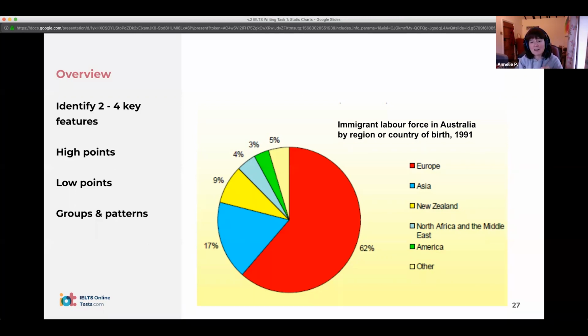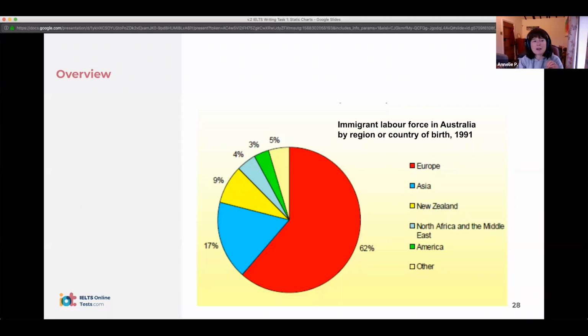Exactly right, Chetan. So again, before you start writing, a couple of minutes or 1 minute, very quick, just take a quick look and think about how can I divide this up? What is the most important information here? And how am I going to put that across clearly? Okay, so we'll have a look at that now. So if we look at the majority, where are the majority of the immigrants from?